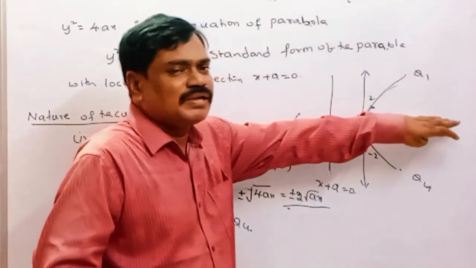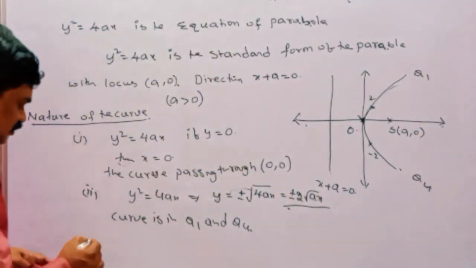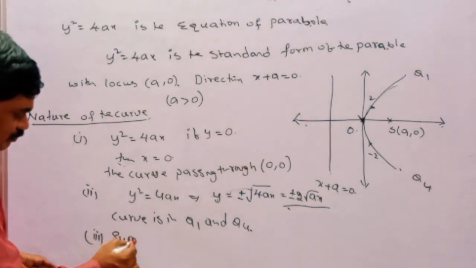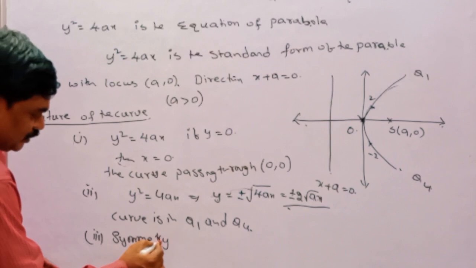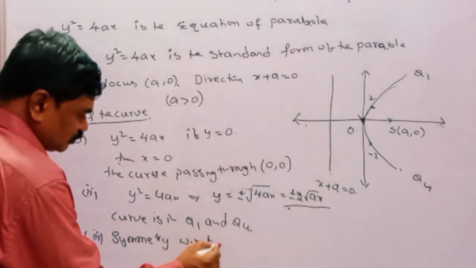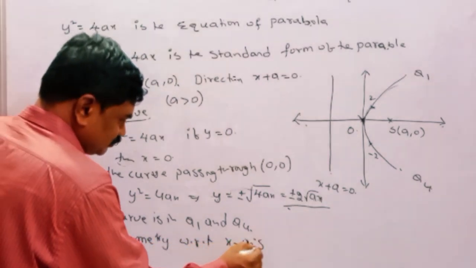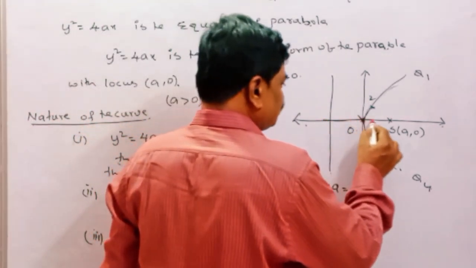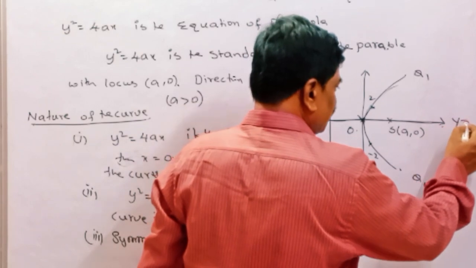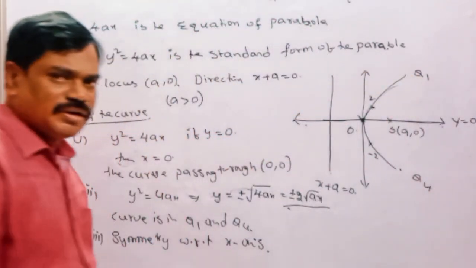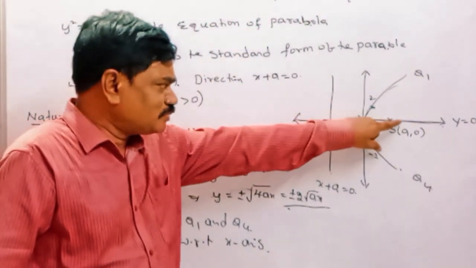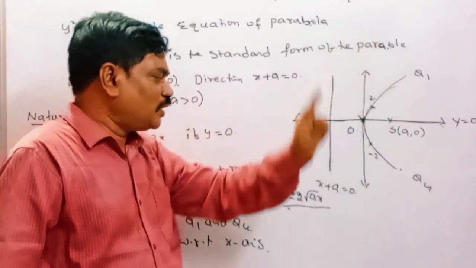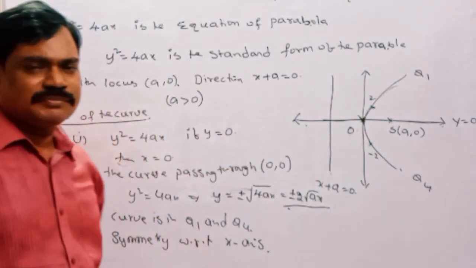Third nature of the curve: symmetry with respect to the x-axis. This is the axis of the parabola, y is equal to 0. It is symmetric with respect to the x-axis. That's why it is in the first quadrant and fourth quadrant.